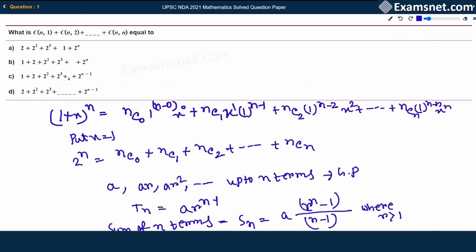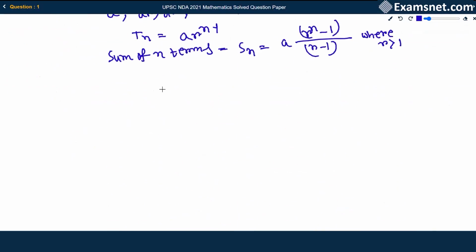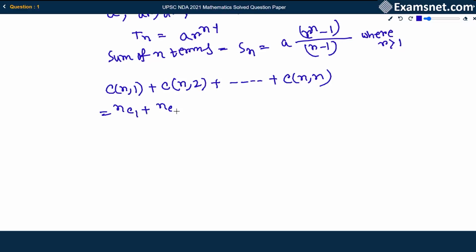So it's given C(n,n). This means nC1 + nC2 + ... + nCn, right?